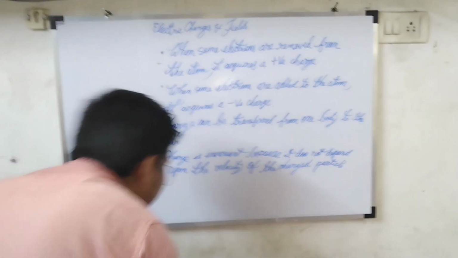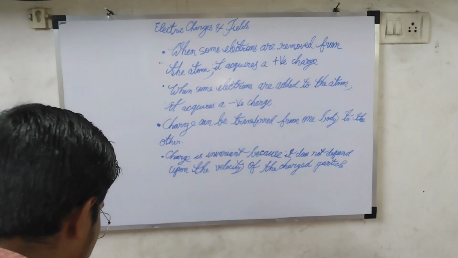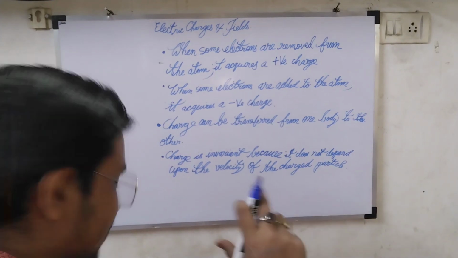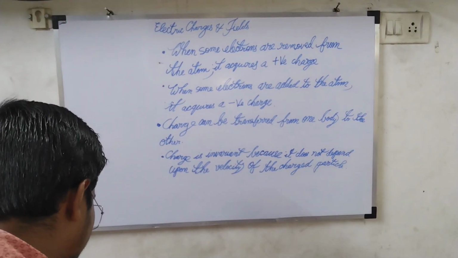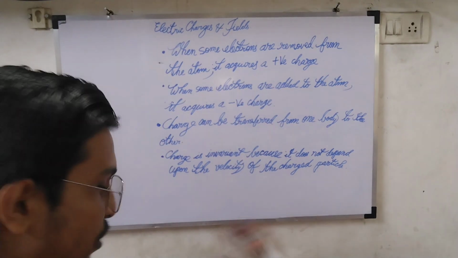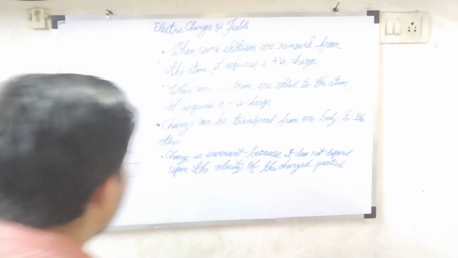Last but not the least point. What is the other point? That a charged particle at rest produces an electric field. These are very important points, so please note it down very properly.